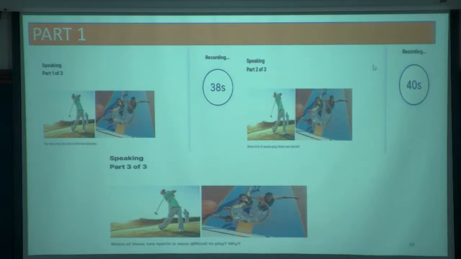Then, compared with the two, one is played on a field, a golf course, whereas the other is played on a court. You can see that. You can find that. So highlight those two.